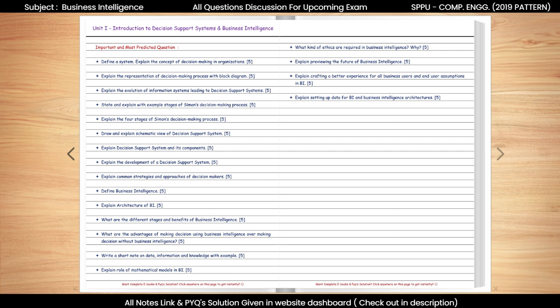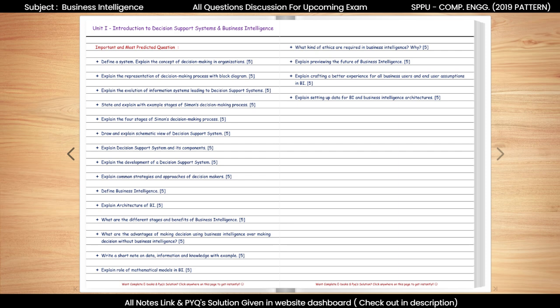Now, let us move on to our next important topic, Simon's decision-making process. From this topic, we can expect questions such as, state and explain with example stages of Simon's decision-making process. Simon's decision-making process consists of intelligence, design, choice, and implementation stages.